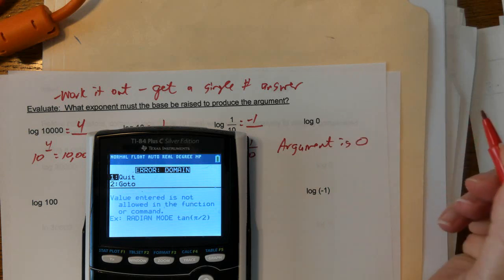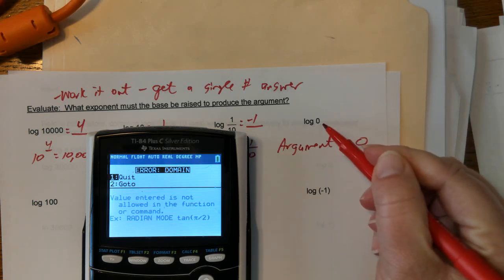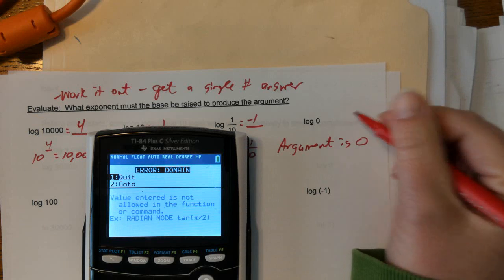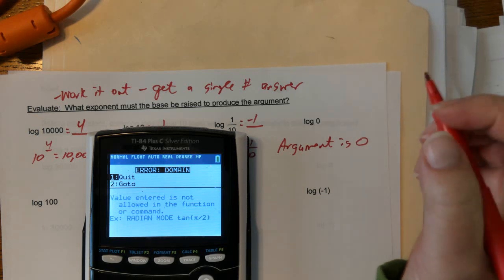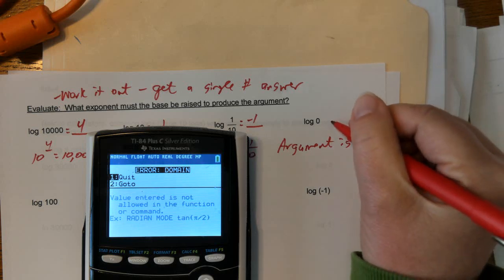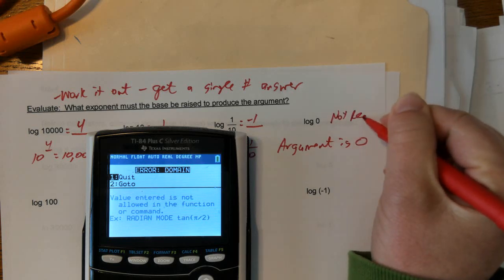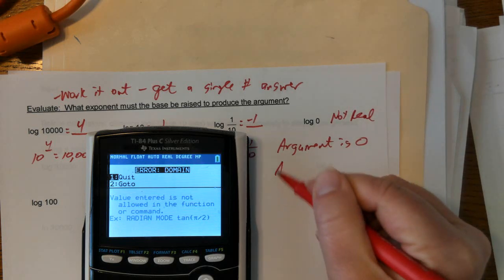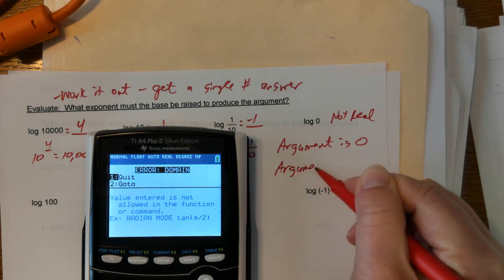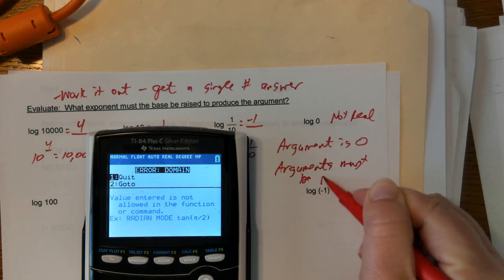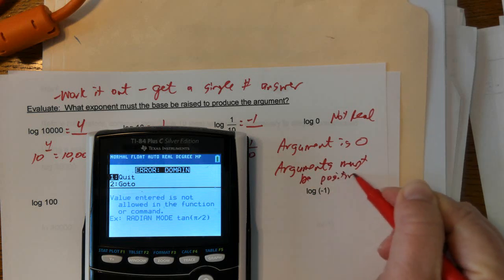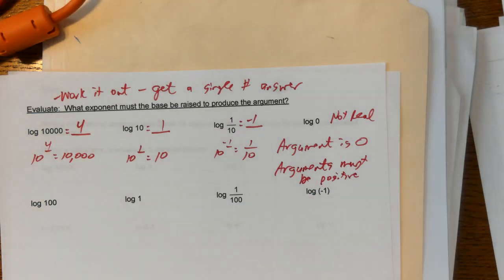We can't work it unless the argument is positive. So this one is not real. This is a non-real answer. Error message. So I'm going to say not real here because arguments must be positive. If you do not have a positive argument, that's not a real answer. It's not going to work out.